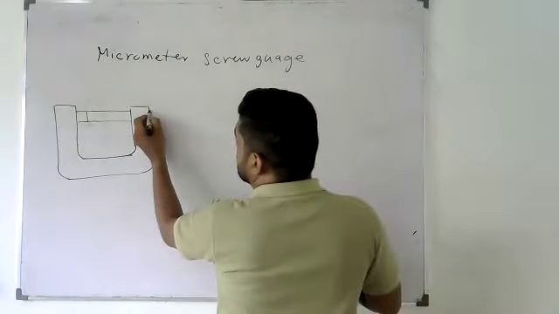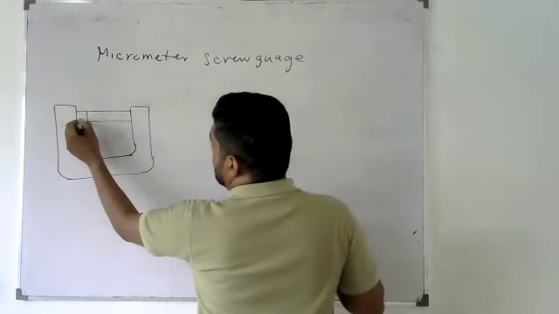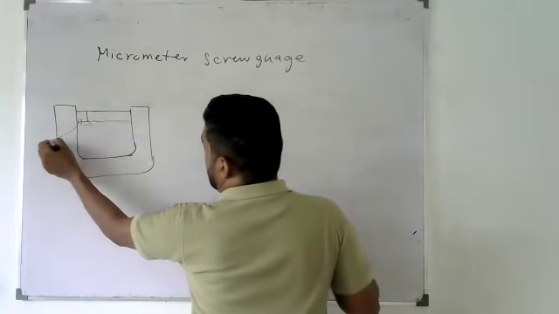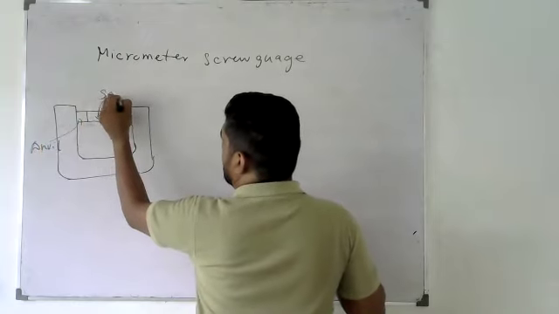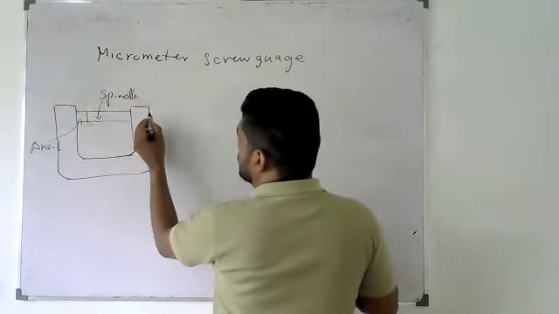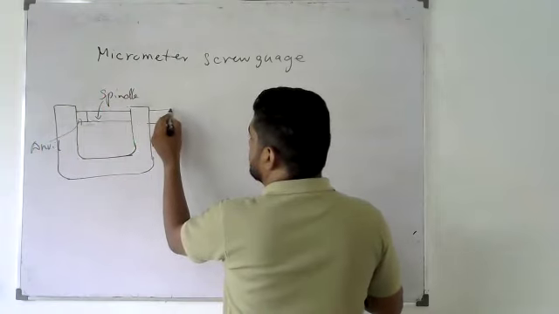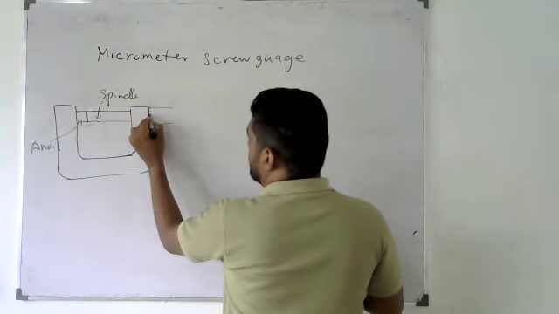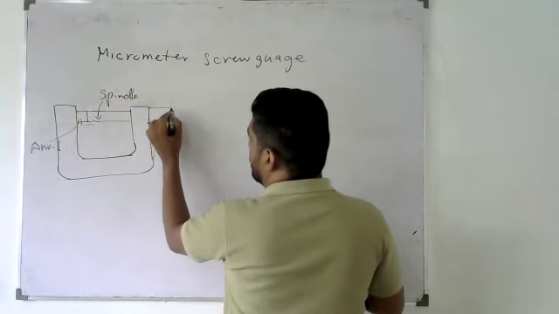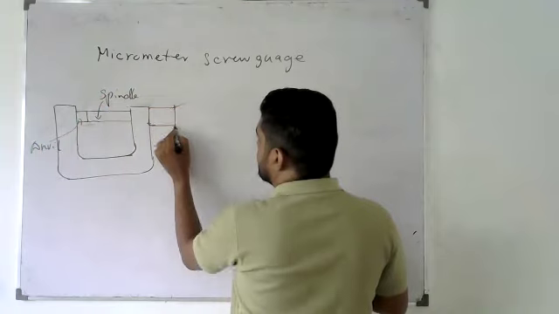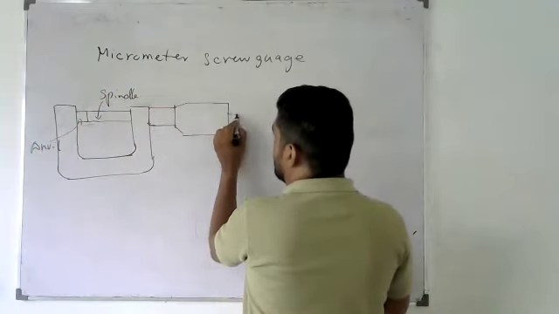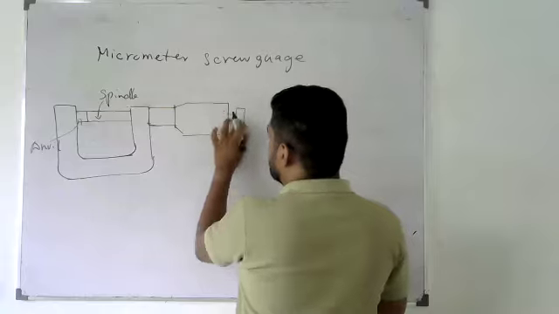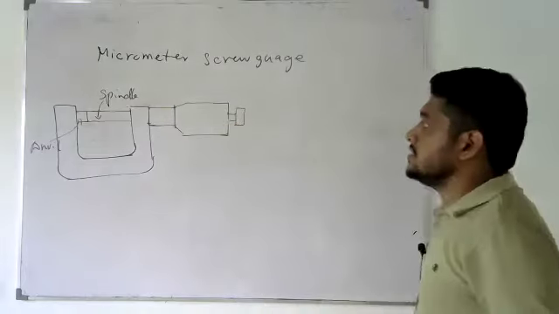So what are they? This is the anvil. This is the spindle. This is the sleeve of the instrument, and it has a rotating part inside, in which the screw is fixed.